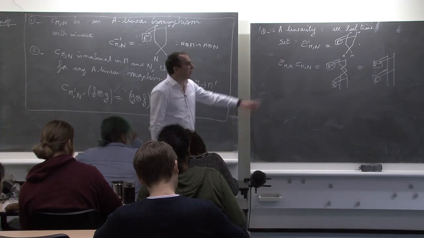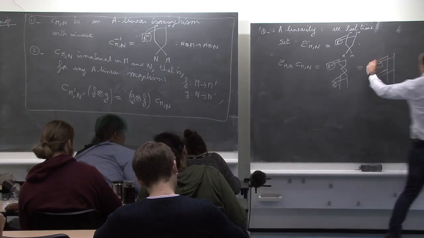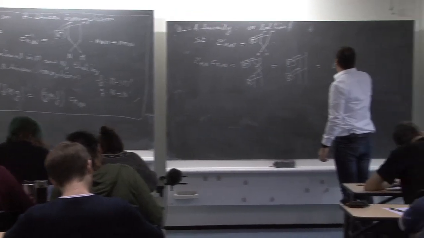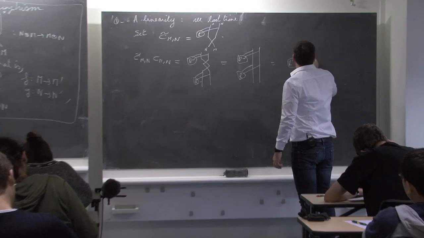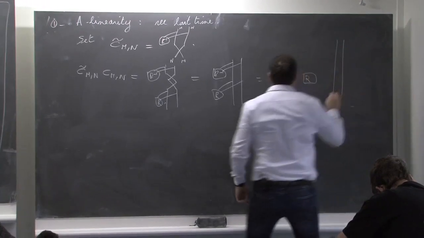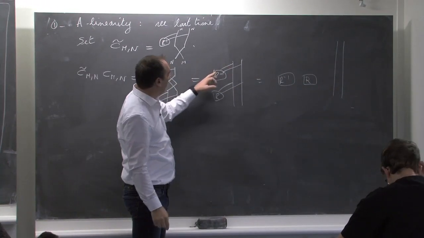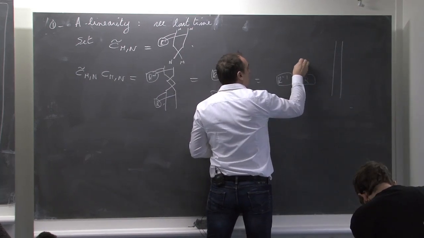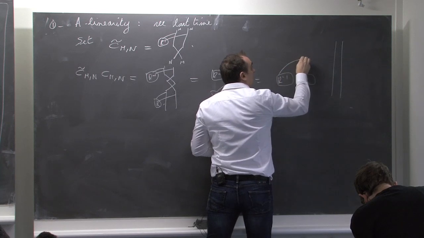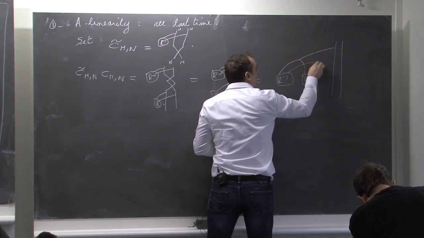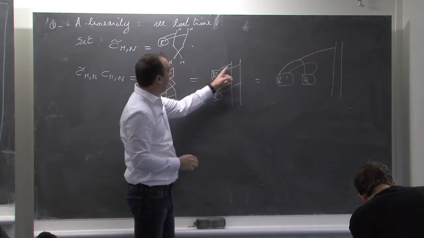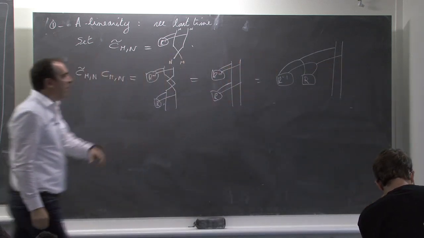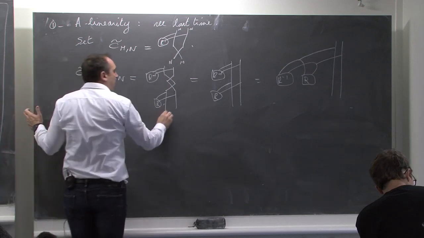Now, by definition of an action, if I have twice the action, I have the product, so it is R inverse R. So here I have the product, and the product of the two is one. This is because M and N are modules.